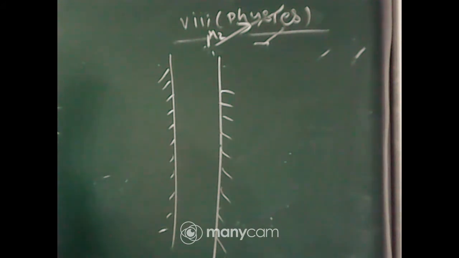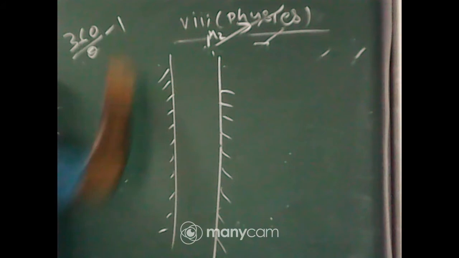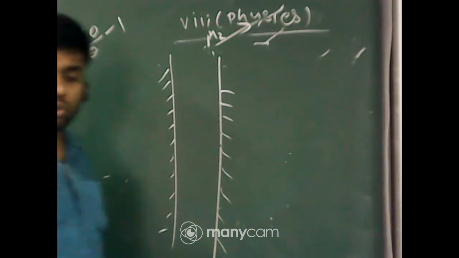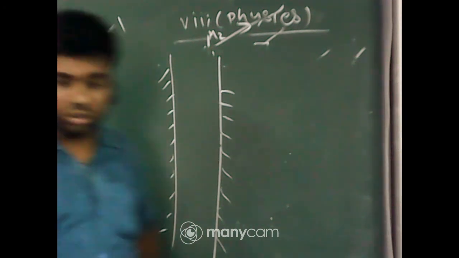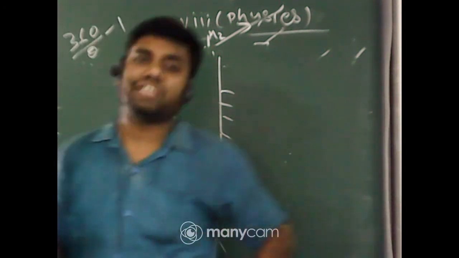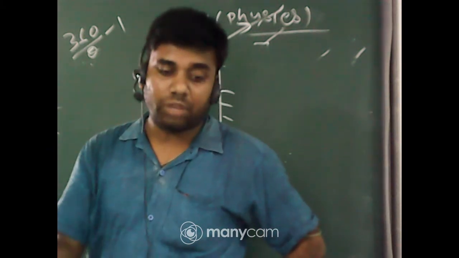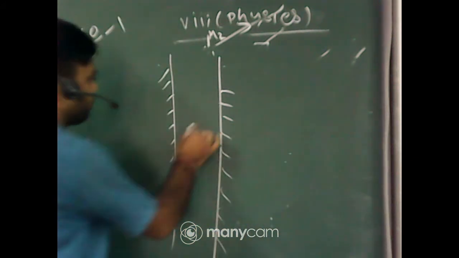Can you say? So 360 degrees. Parallel means no angle is there, so that is 0. 360 by 0 is infinity. So an infinite number of images I will get. Unlimited, yes, unlimited. Look at the board.